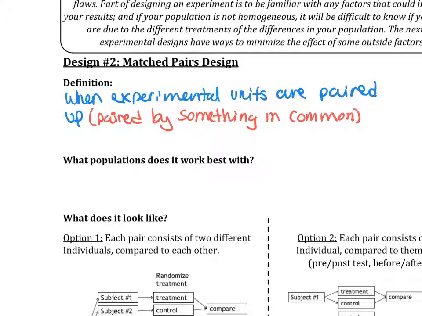And then when you pair them together, one person in your pair would get one treatment, the other one would get the second treatment, and then you compare the results in each pair. So one treatment per person in pair, then compare.